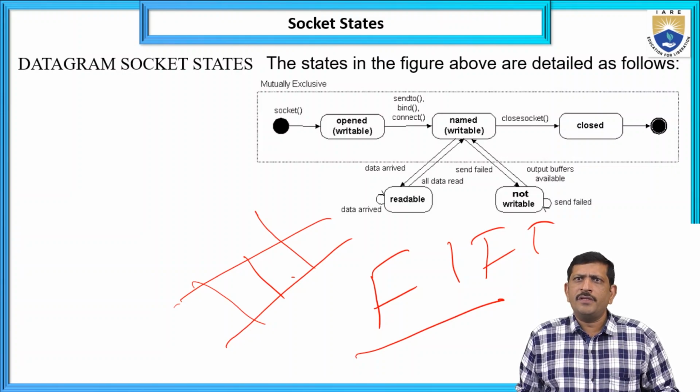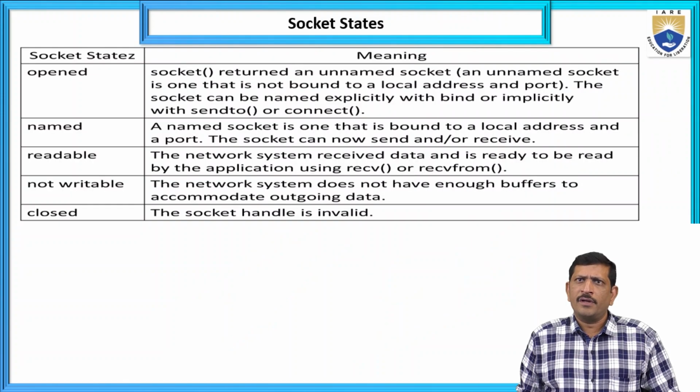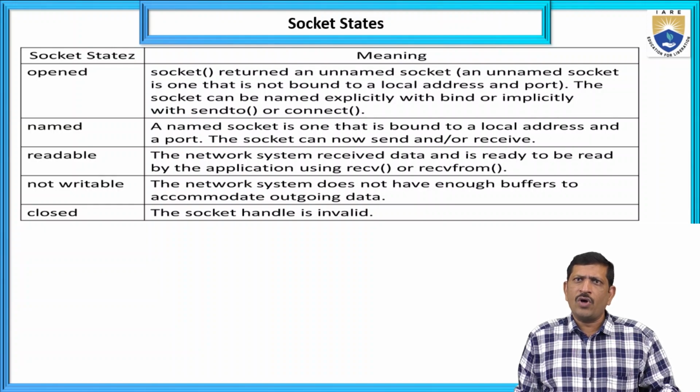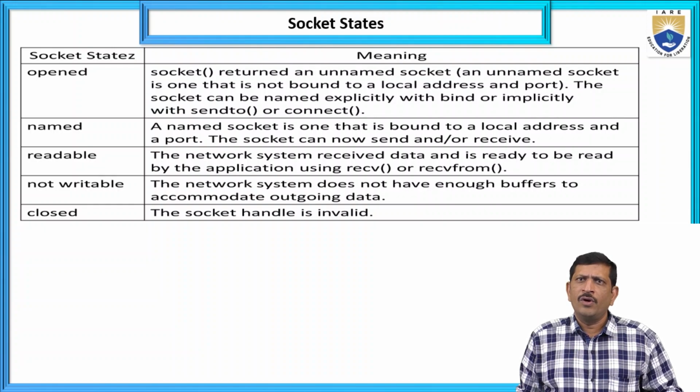So this is the diagram of the socket states. Now if you see the open-ended socket, the socket returns an unnamed socket, and an unnamed socket is one that is not bound to a local address and a port number.